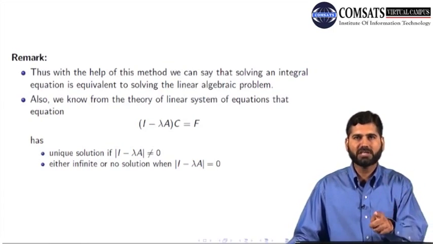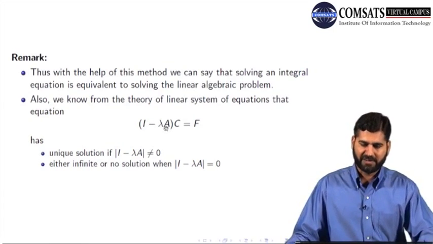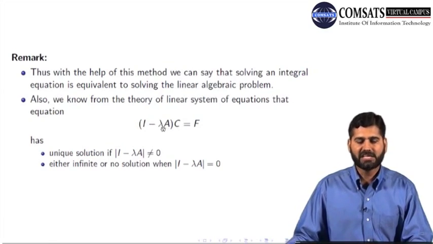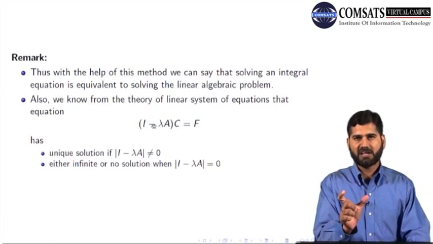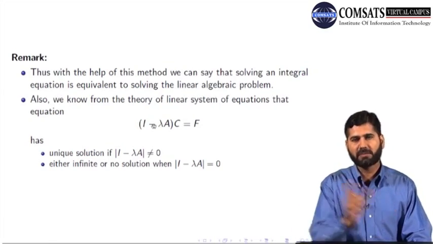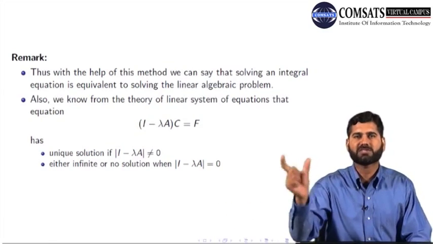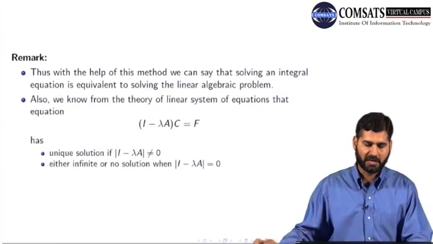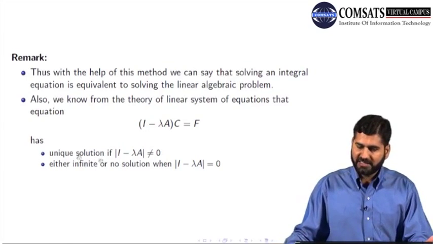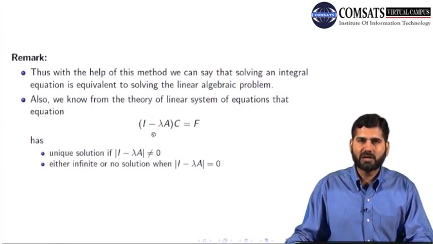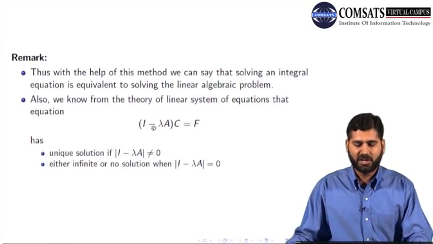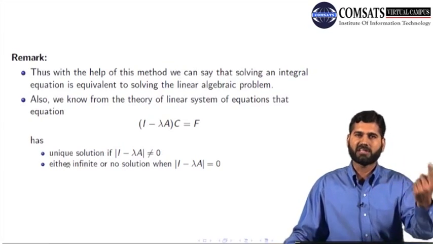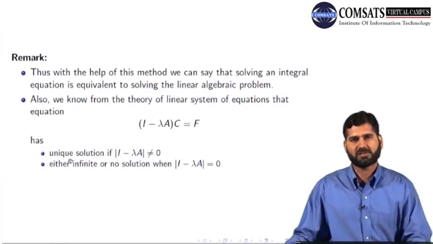For one unique solution, the matrix on the left hand side, which is being multiplied by C, should be non-singular. If it is non-singular, you can take the inverse, multiply on the right hand side, and you will get just one solution. If it is a singular matrix, with determinant 0, then there will be either no solutions or infinitely many solutions.